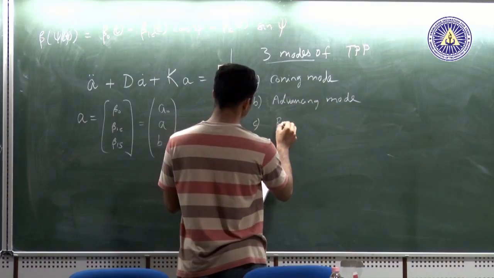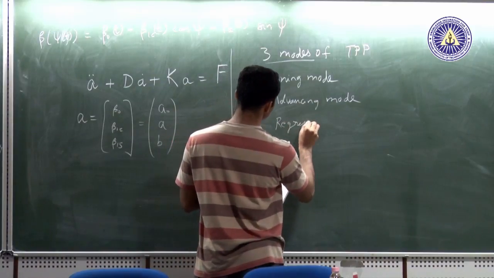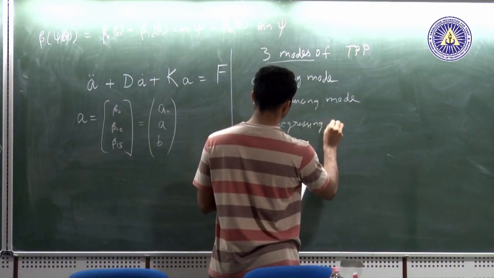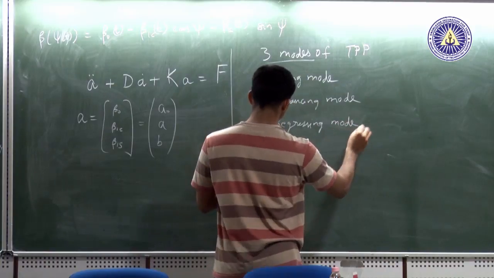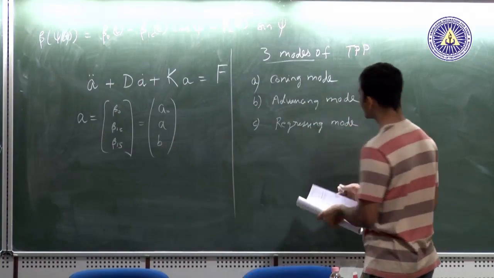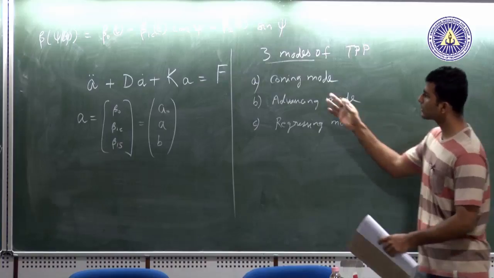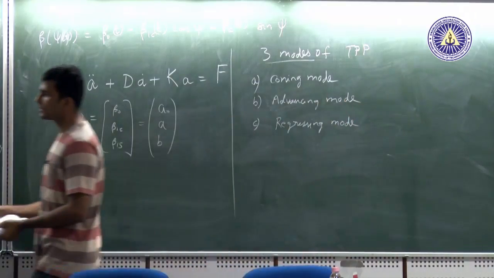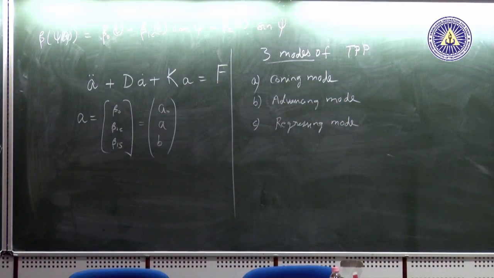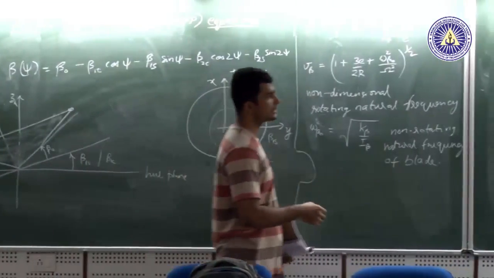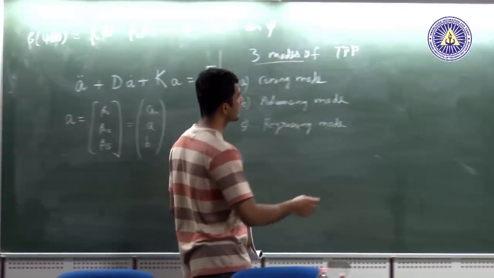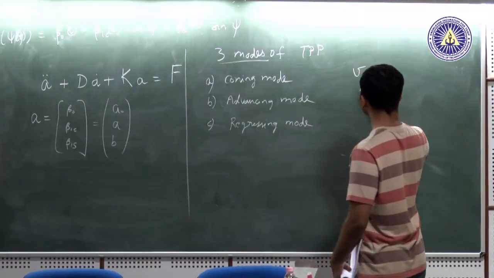And then you have the regressing mode. So corresponding to these modes, coning mode is, if you give the collective input to the helicopter, the rotor actually cones like this, and the frequency associated with that coning is nu beta.